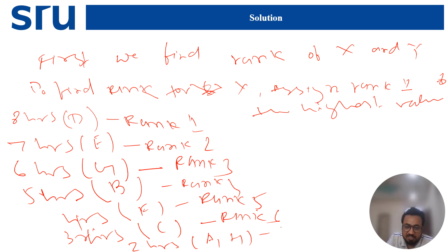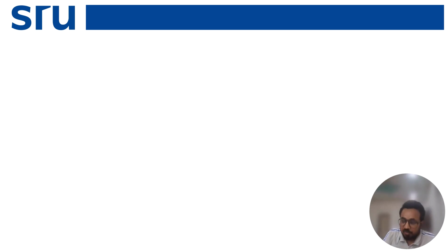That is 7 plus 8 by 2, which is 7.5. The rank for students A and H will be 7.5, because A and H have the same practice hours. In a similar way, we will find the rank for Y.